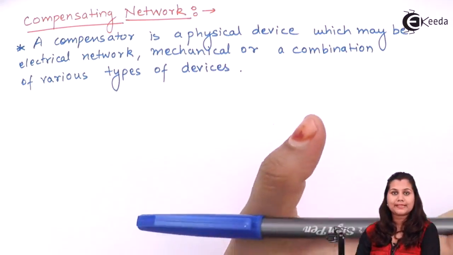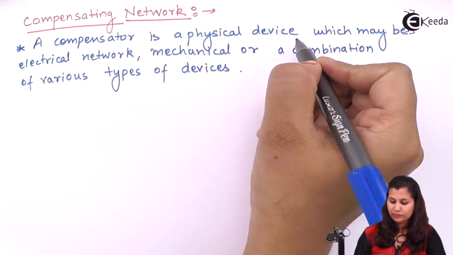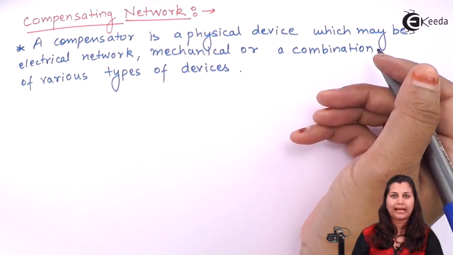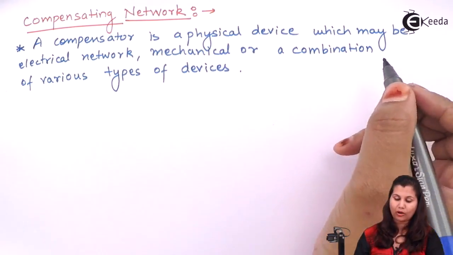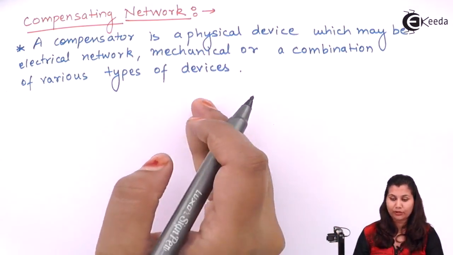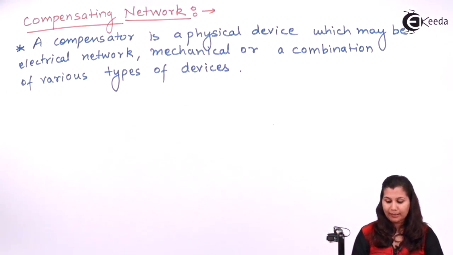What is a compensator? It is a physical device which may be an electrical network, a mechanical network, or a combination of various types of devices. What the compensator does is make some adjustments in the system so that the overall performance of the system is improved.